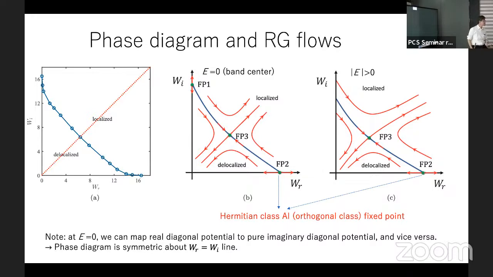Energy equals zero means the major part is zero, or only the minor part is zero? Sorry? Energy equals zero means complex. There is the non-Hermitian system, complex eigenvalue. Oh, yes. We have complex eigenvalue, but let me think.